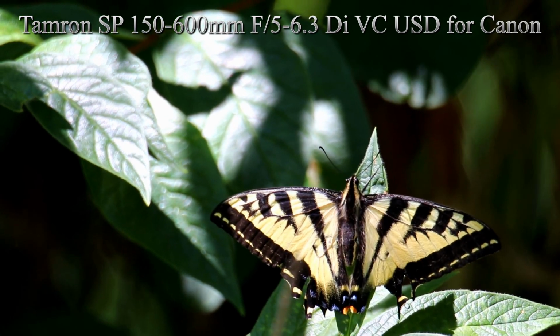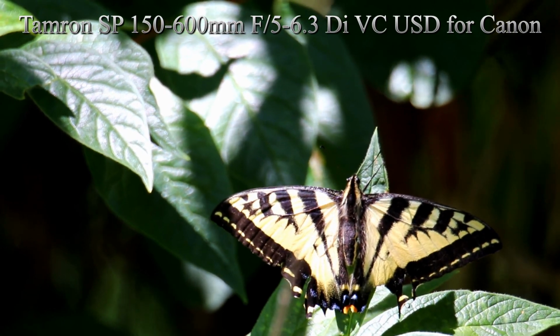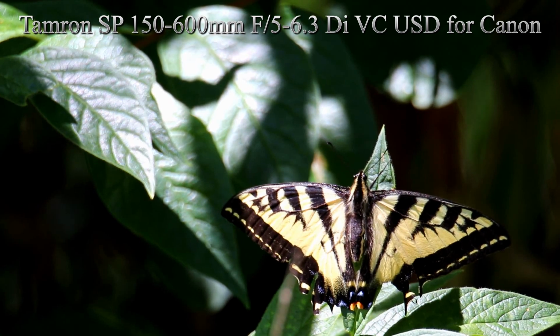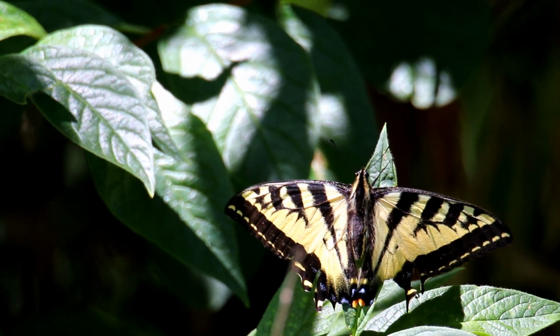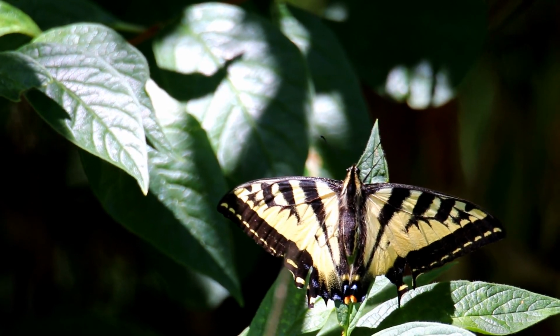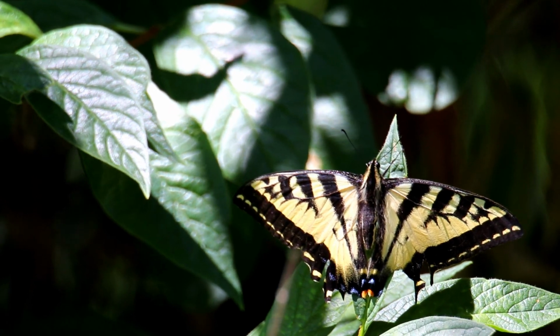This is using a Tamron 150 to 600 zoom lens, telephoto lens, and 3 extension tubes. The butterfly is actually probably close to 30 feet away from where I'm actually sitting.